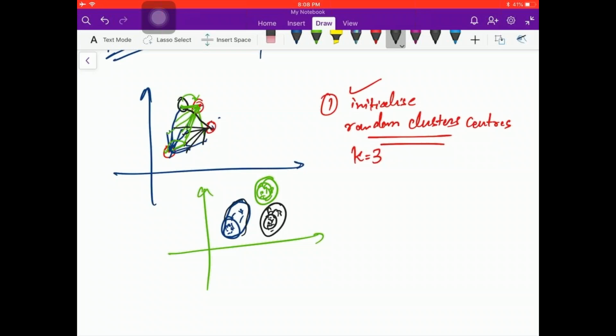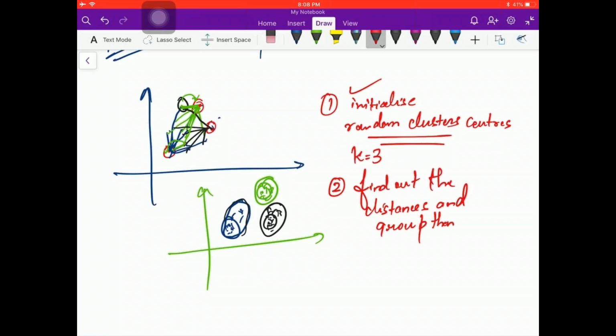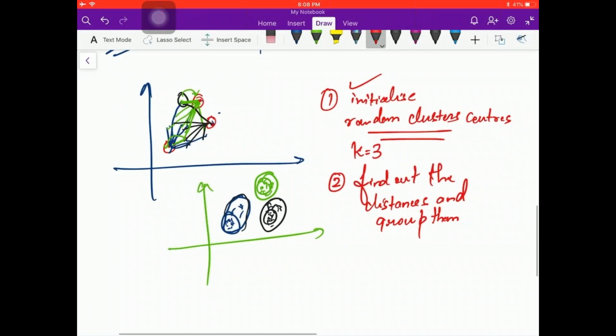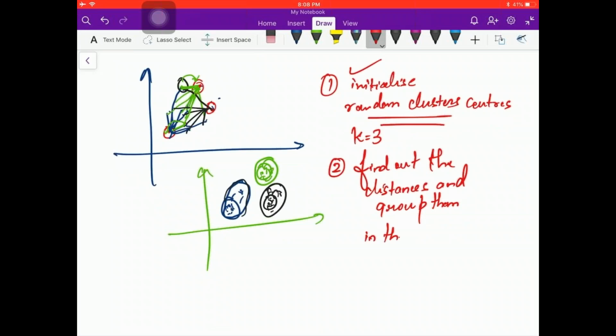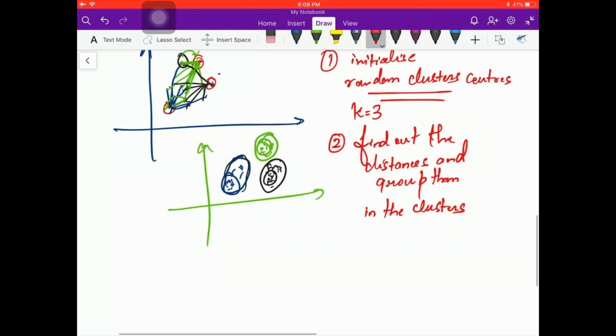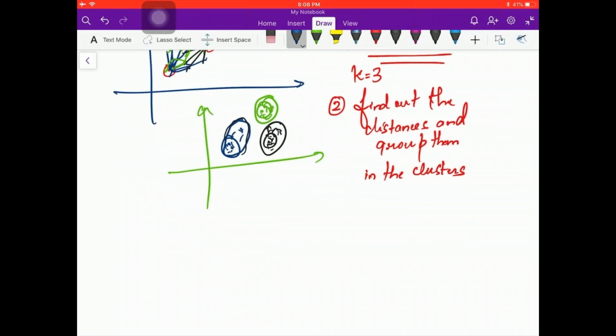So what was the second step? You find out the distances and group them in the clusters. Now after you do this, the interesting part is that the cluster centers will change.